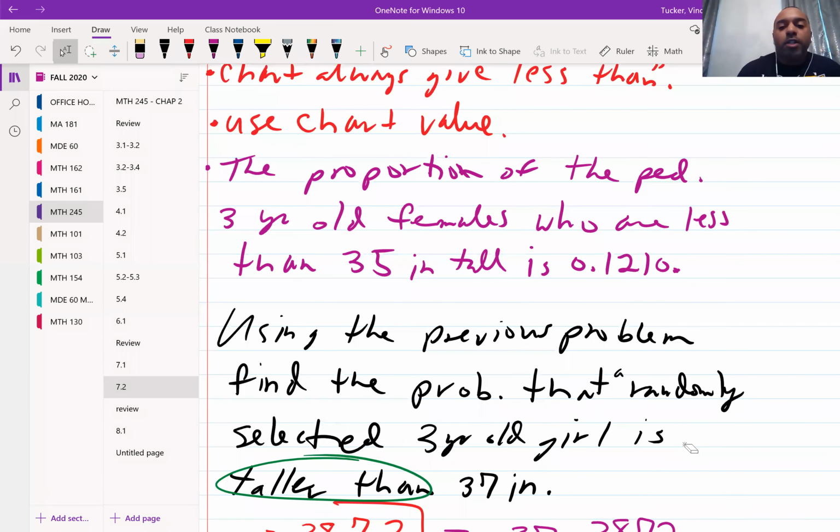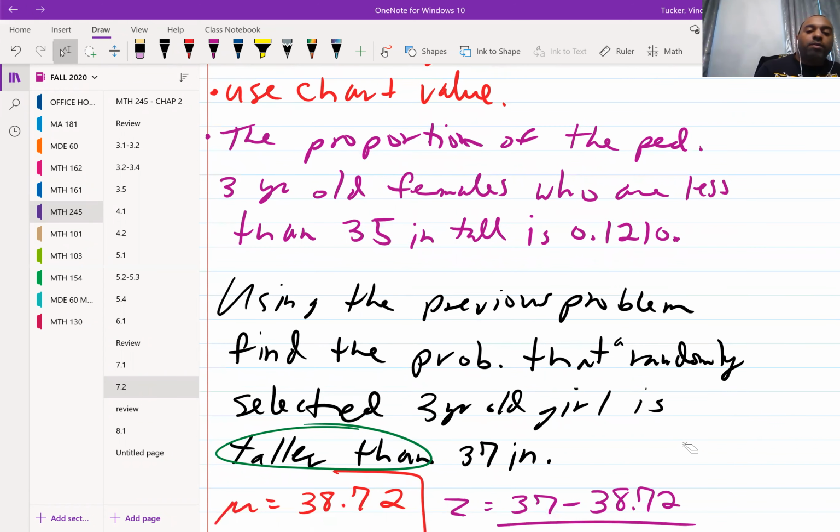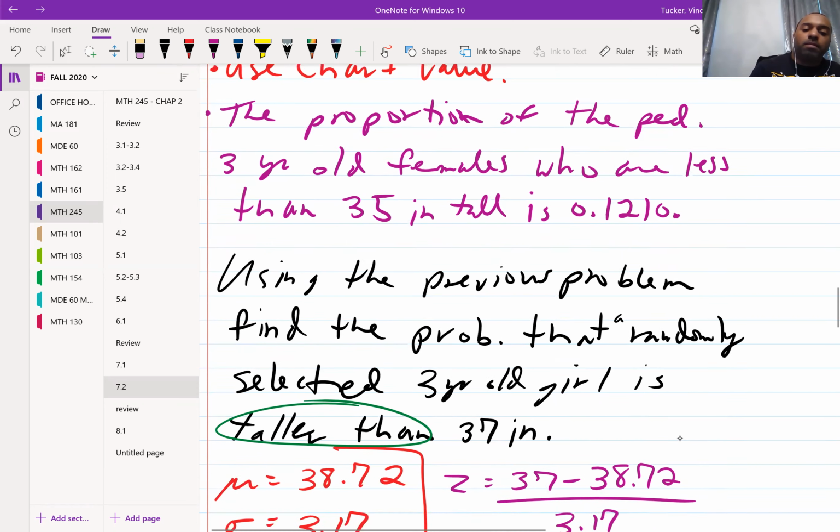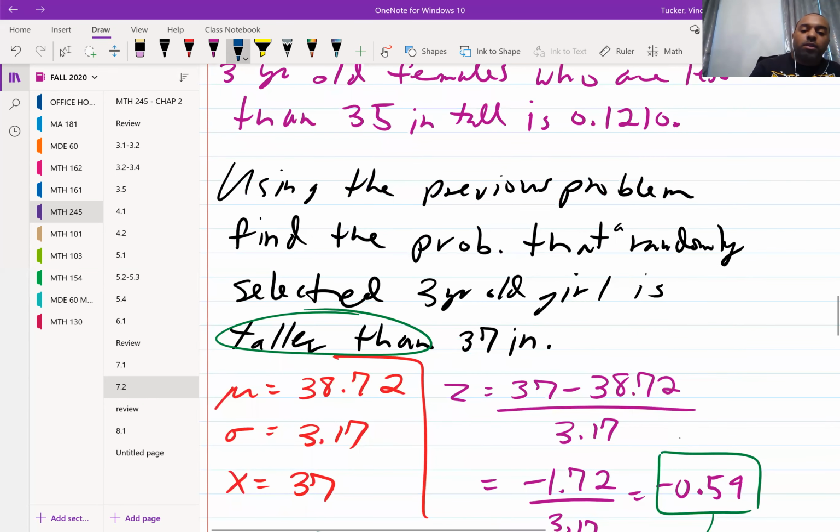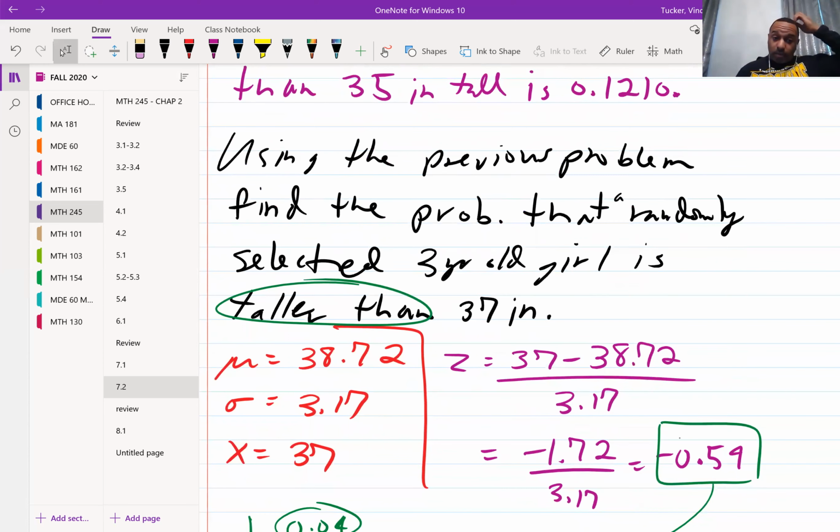All right. Using the previous problem, find the probability that a randomly selected 3-year-old girl is taller than 37 inches. So the key phrase here is taller than. There will always be a key phrase that will let you know whether you're doing less than, greater than, or between. Taller than is another way of saying greater than. So we have our mean, standard deviation, and our data value, which is 37.